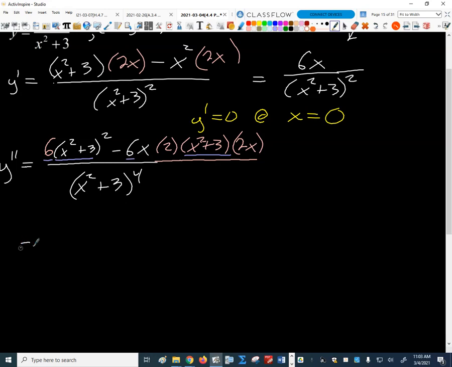So then I end up with, if I factor out a 6 and I've got an x squared plus 3, I've got that base squared and that base to the 1. What can I factor out then? What power in the numerator of the base x squared plus 3 can I factor out? Just hold up fingers. Can I factor out a 1 or a first power or a second power?